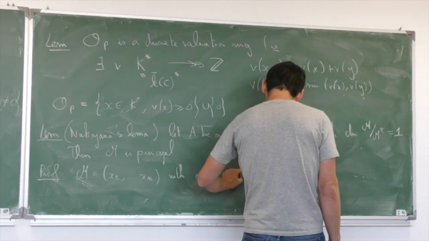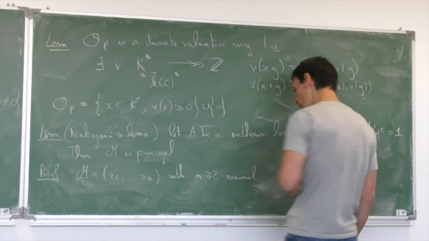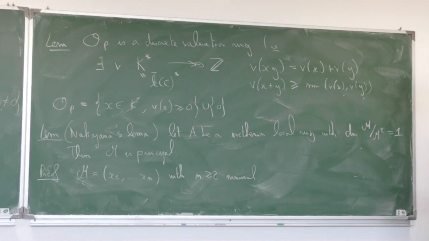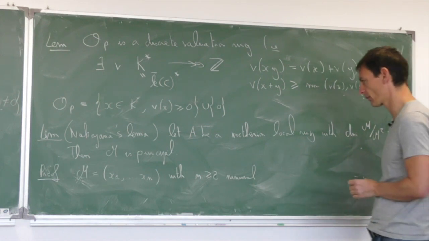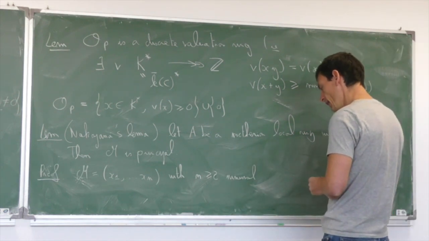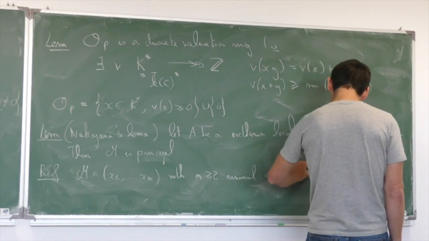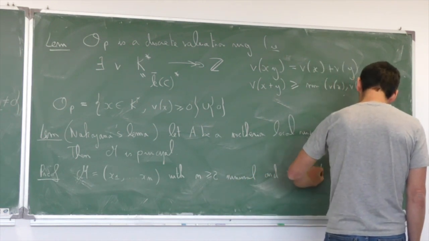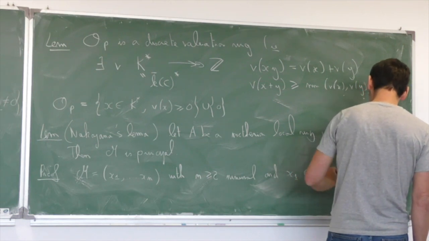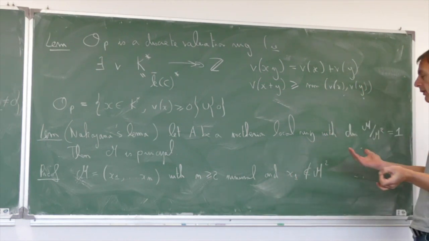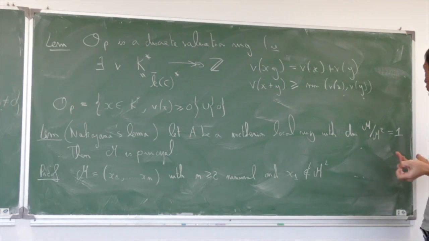And we take the smallest possible n. If we get a contradiction, then we are done. The other thing I can say is that I can also assume that x1 doesn't belong to M squared. There is necessarily one of the x1, ..., xn which doesn't belong to M squared, because M is not M squared, otherwise the dimension would not be 1.